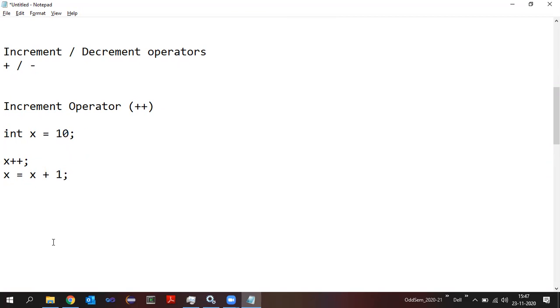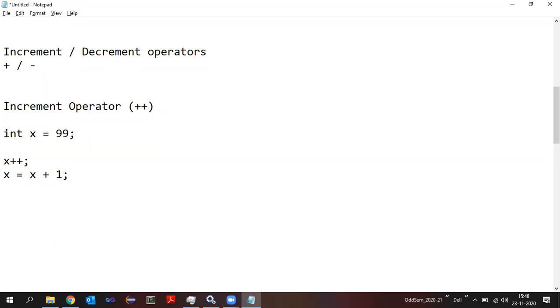Suppose the x value is 99, then if I do x++, that means increment, add 1. If I add 1 to 99, what do I get? 100. That 100 will be stored in x only, right? So what you need to remember here is that x++ is nothing but x = x + 1. Okay, that is the increment operator.